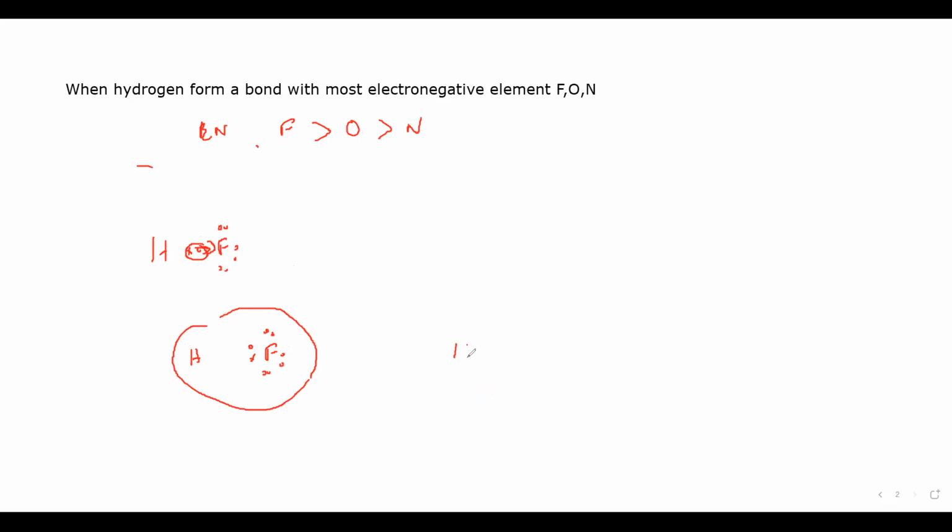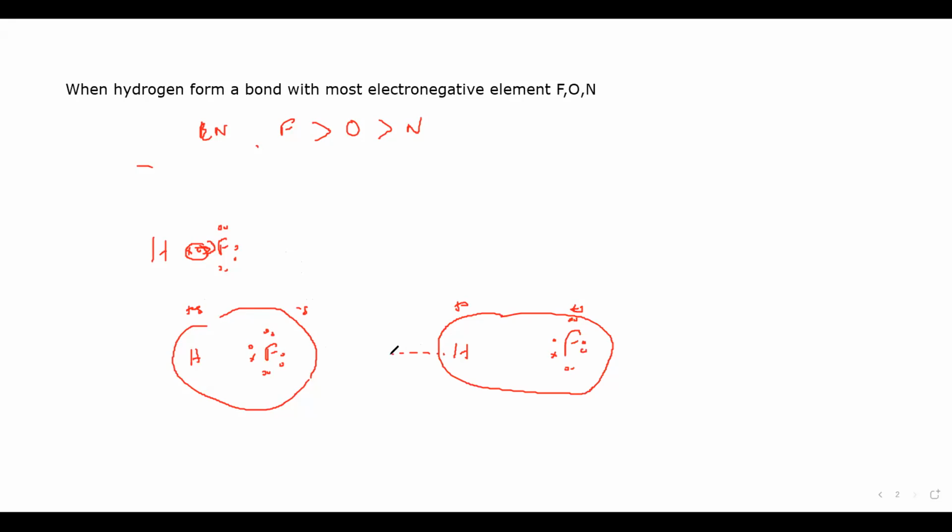Then there is another molecule of hydrogen fluoride in which the fluorine, which is more electronegative, takes the electron; it appears as a complete shifting. So it appears that hydrogen does not have any electron. So to gain stability, what happened?